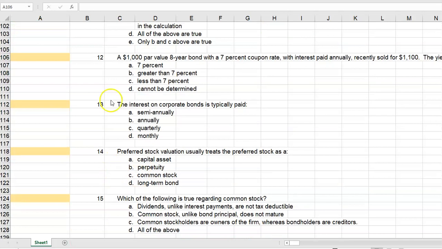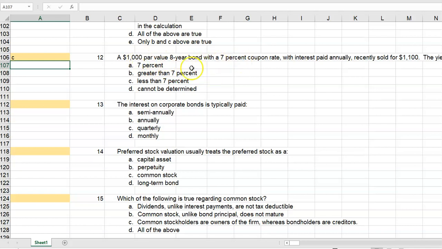All right, next one should go relatively quickly. $1,000 par value bond, 8% is paying 7%. It sold for $1,100. The price went up. If the price goes up, we always know the yield goes down. Price went up, so we know it's got to be less than 7%. Why? Because if it's selling for more, that means the current interest rates are smaller.